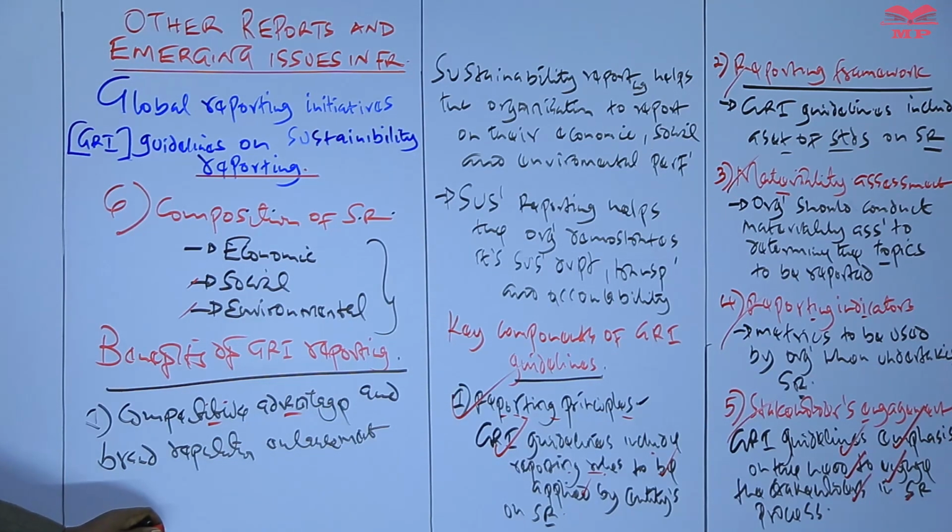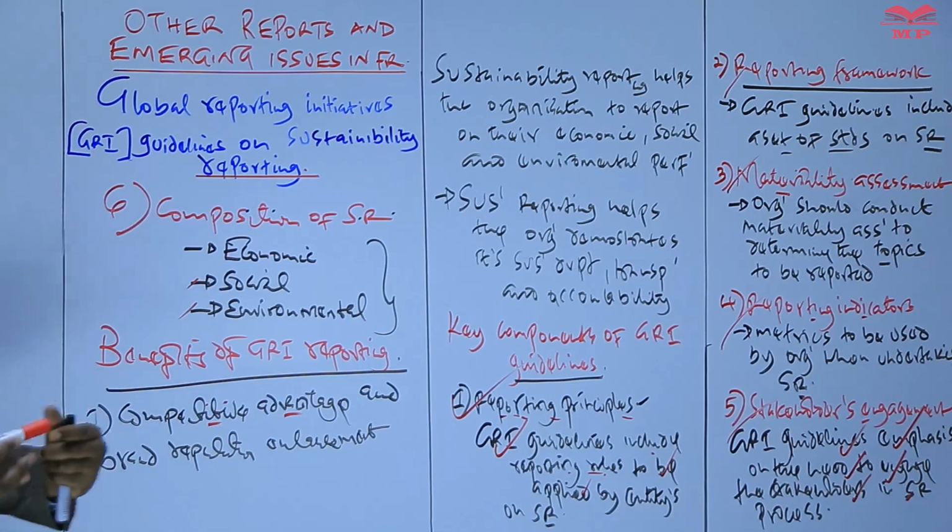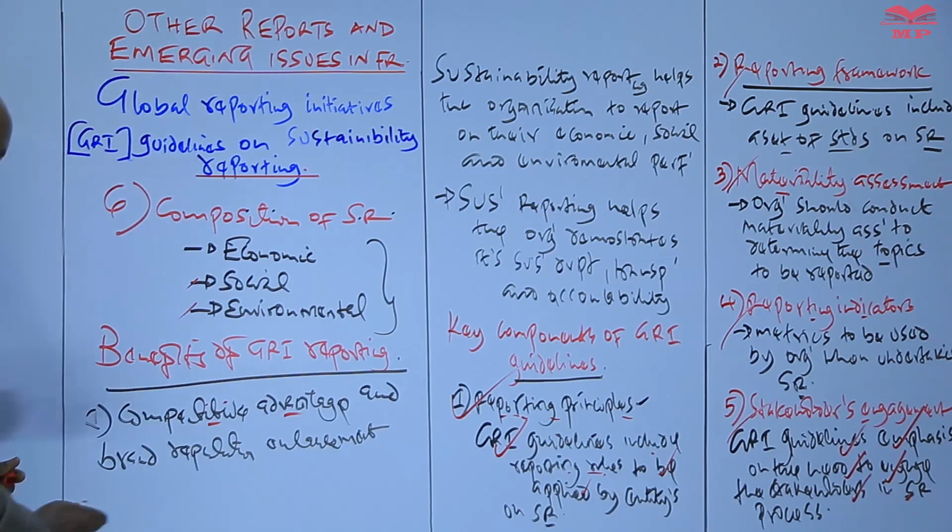Once the company provides that information to the various stakeholders, that will enhance its competitive advantage. The company's market share is likely to increase because the company has a good public image. Other than making huge profit, the company is also able to give back to the community and to the society. That will improve the competitive advantage, and also it will enhance the brand reputation. The company will be viewed in a positive way by the various stakeholders.